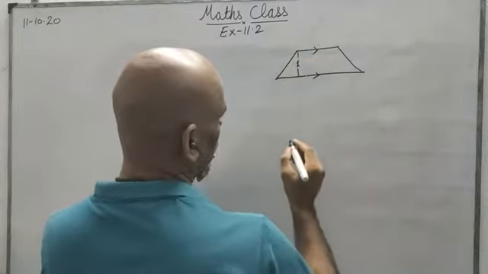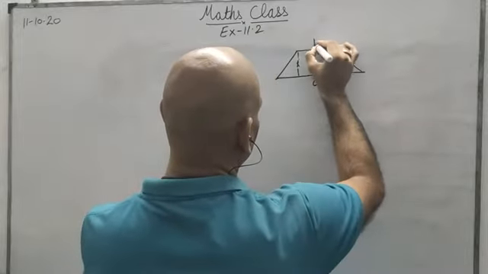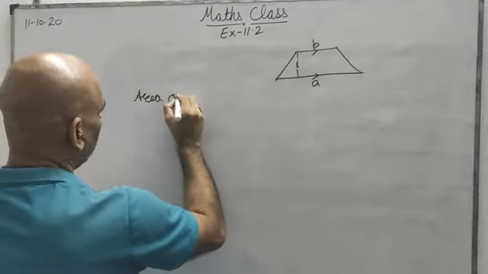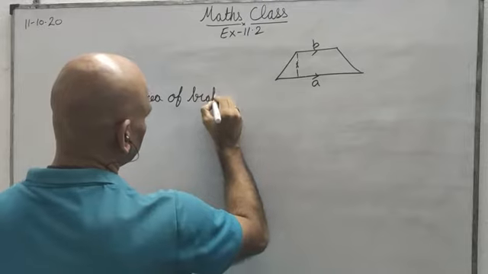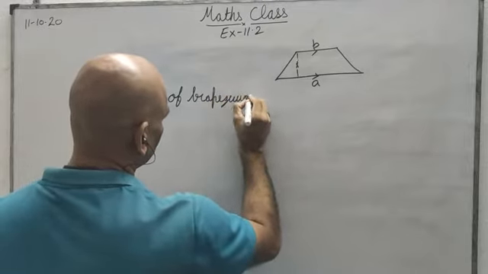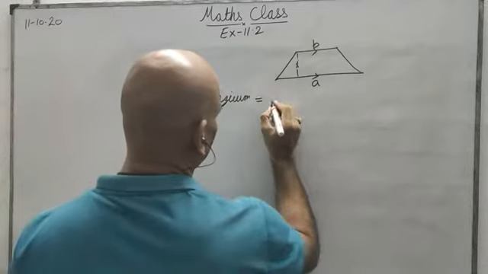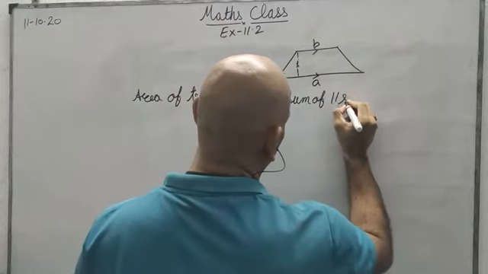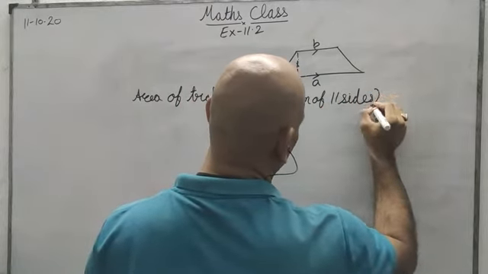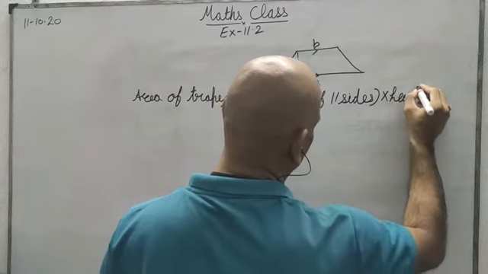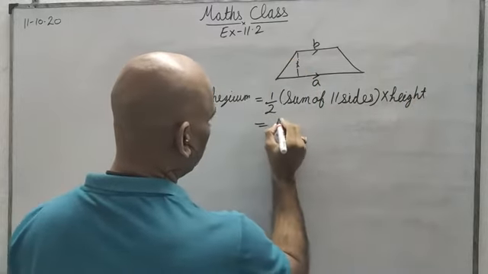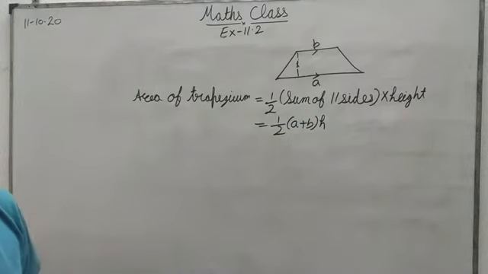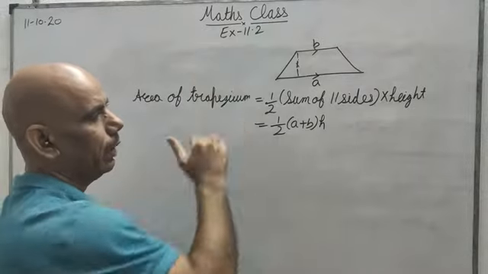If I am calling this A and this B and this is height, so area of trapezium is half sum of parallel sides into height, or I can call it half (A plus B) into H, where A and B are the parallel sides.